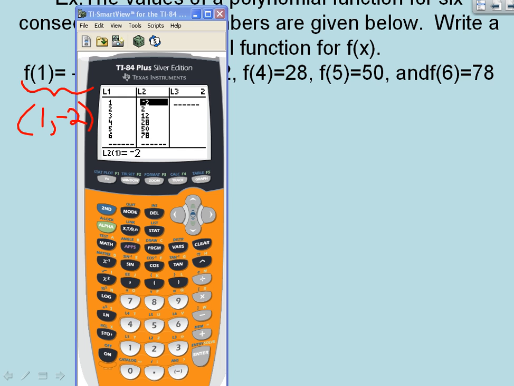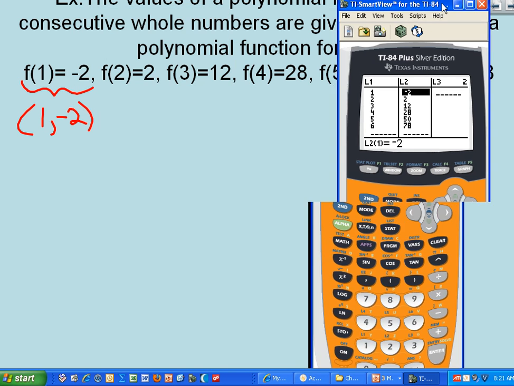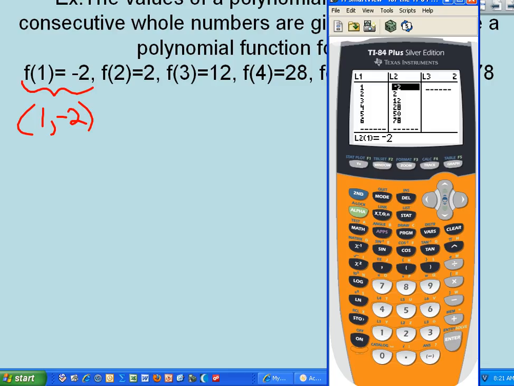Now watch what happens if I do regression on this. If I do stat calc, let's start off with, how about quadratic regression? See what happens. If I do 5 for quadratic regression, I'm going to store this as y2, 2 for quadratic.